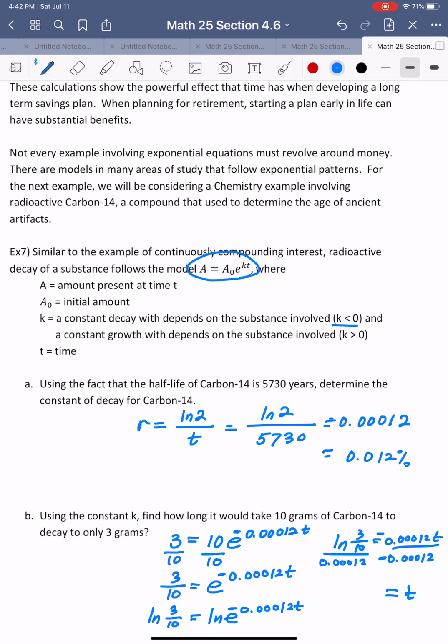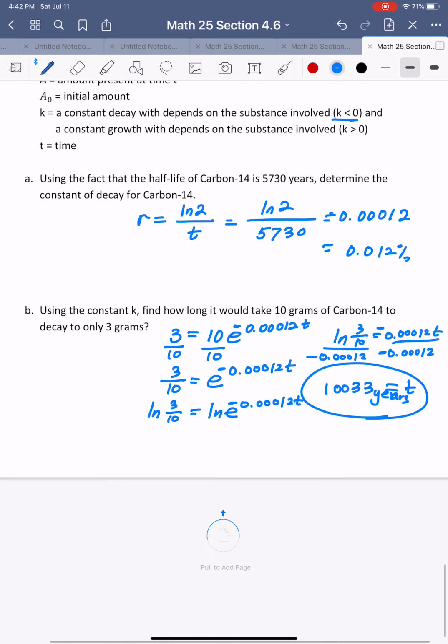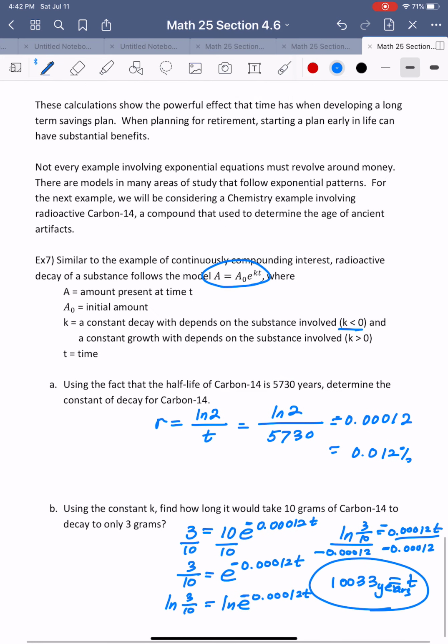Okay, that's why we got negative years. So when you divide, ln of 3/10 divided by negative 0.00012 gives us, oh my goodness, 10,033 years. Okay, that's pretty long, right? Okay, all right, so that's all. Thank you for listening.